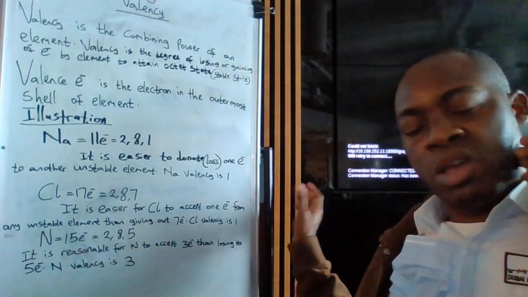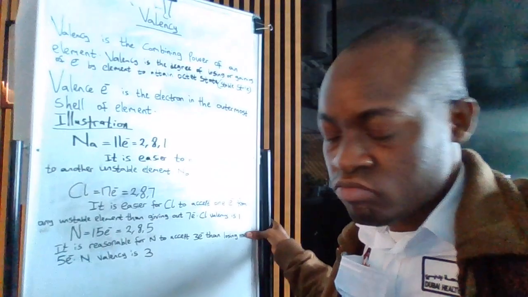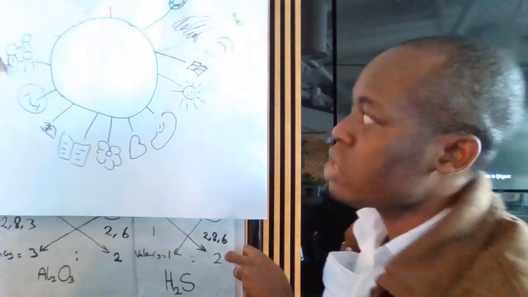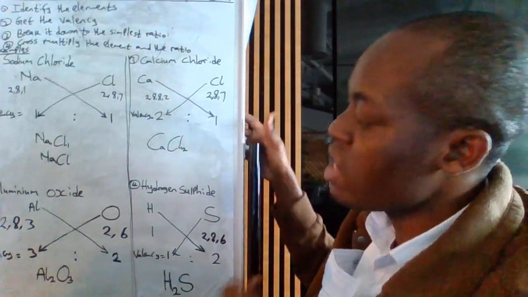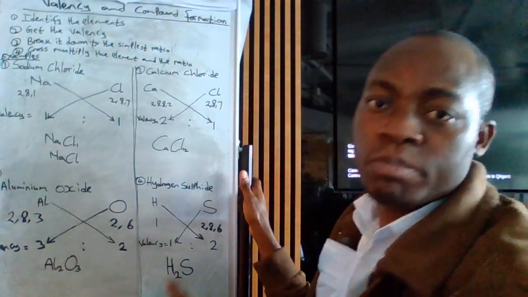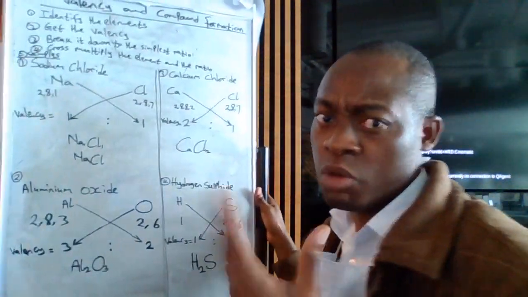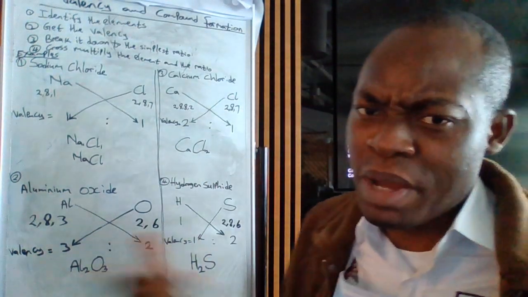So how do we use the valency to determine the compounds of elements? We can use the valency to determine the compounds of elements in 4 steps. The first step is you have to know the name of what you want to form. For example, you want to form a particular compound.